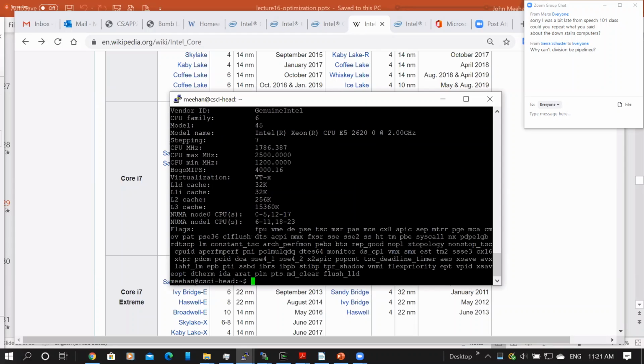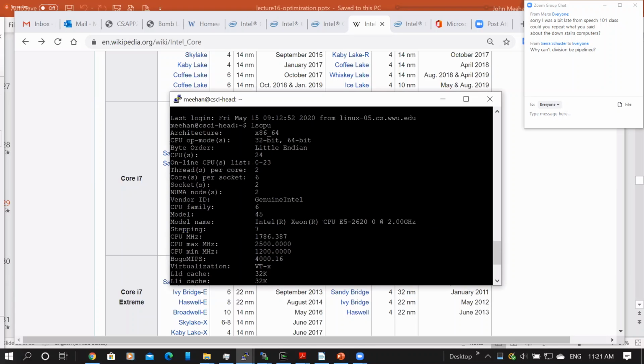So this particular model Xeon that we're using in there has 2 processor chips on the motherboard, and each processor has 6 cores in it, right? So you see, it says you got 6 cores per socket, and you got 2 sockets, 2 processors, and then it's hyper threaded, so you got 2 threads per core, so you get 24 threads that can run at the same time is what that's saying. So those are the ones in the cluster.